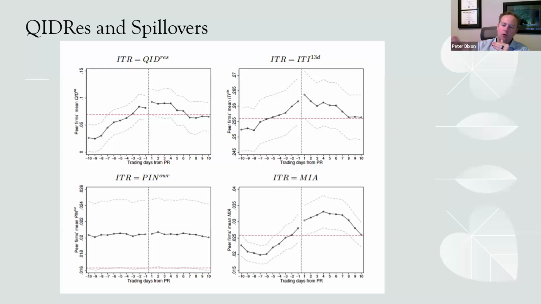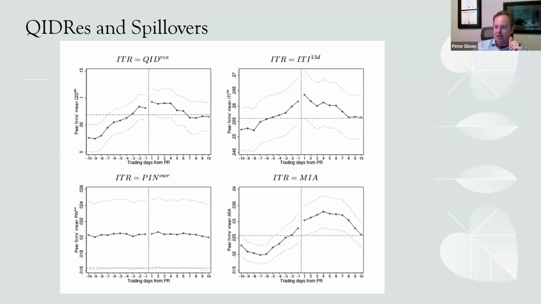If we go to the left of that, we want to see whether there is a statistically significant increase in informed trading prior to the press release. If you see the confidence bars to the left of the date fall below that red line, it suggests that you're seeing a statistically significant change in informed trading.